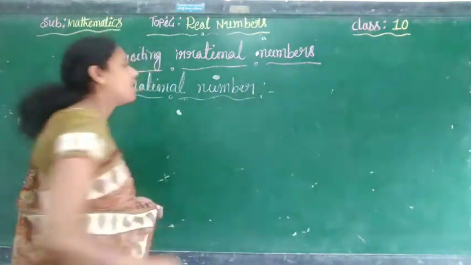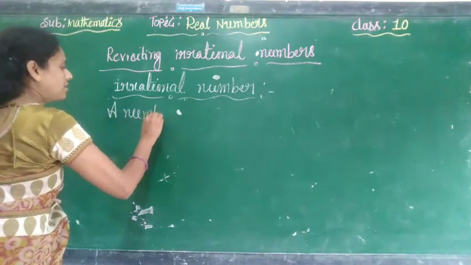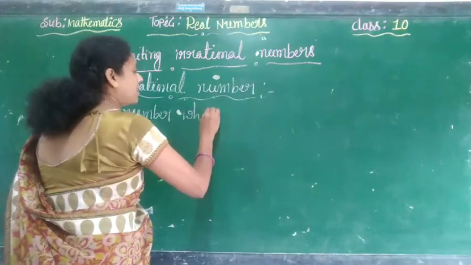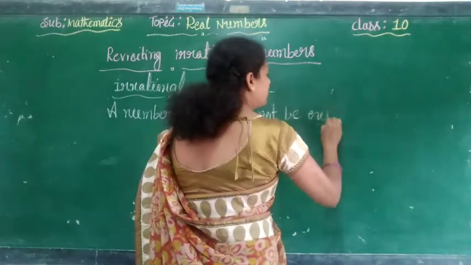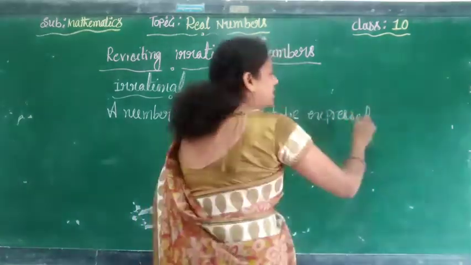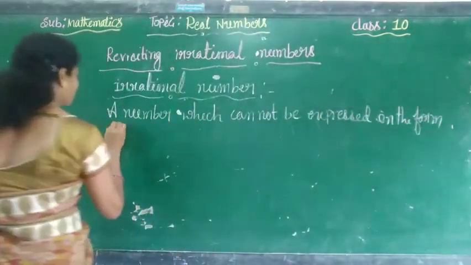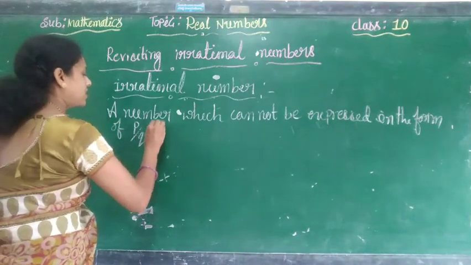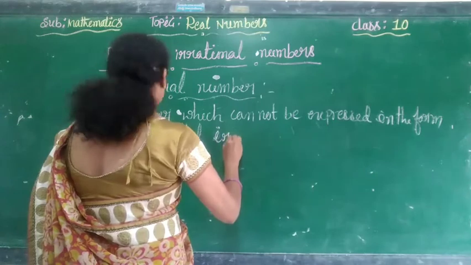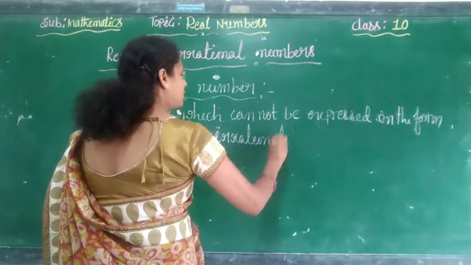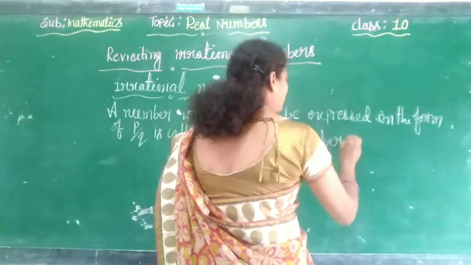Irrational numbers, that is, ಅಭಾಗಲಬ್ಧ ಸಂಖ್ಯೆಗಳು. A number which cannot be expressed in the form of P by Q is called an irrational number.